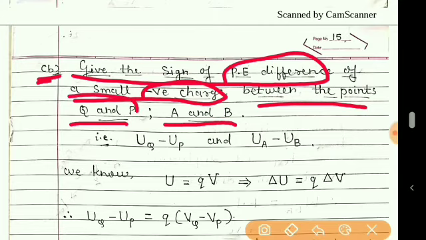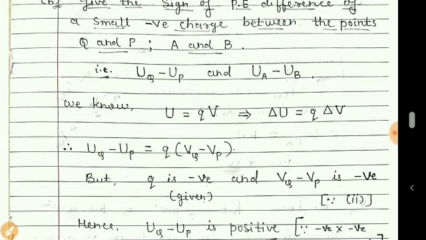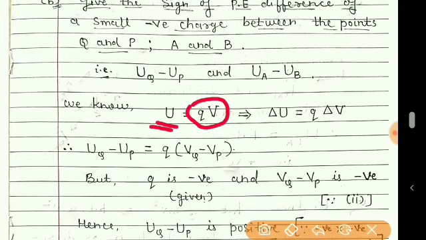So for this first case, the potential energy difference will be UQ minus UP. Now we know that the formula for the potential energy, U is equal to q into V. This is the charge which is brought from Q to P. So that charge into potential is potential energy.